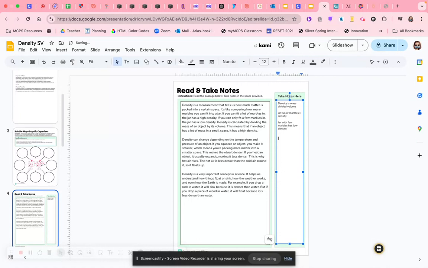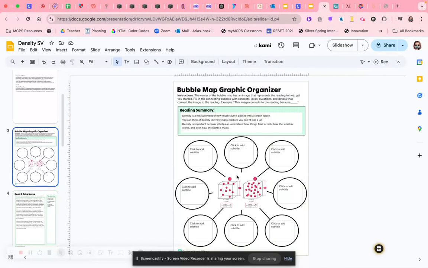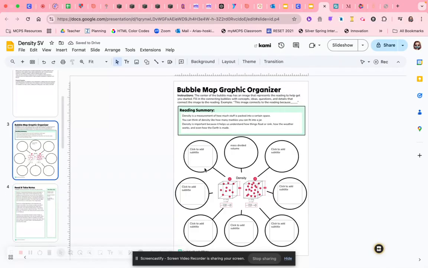You're going to do the same thing for the second and third paragraph, and it is going to be graded today. When you go here for the bubble map, like I said before, you're going to put here density. Okay? And then in each one of them, you can put mass divided by volume. What else did I say when I took the notes? Jar full of marbles, it's high density.